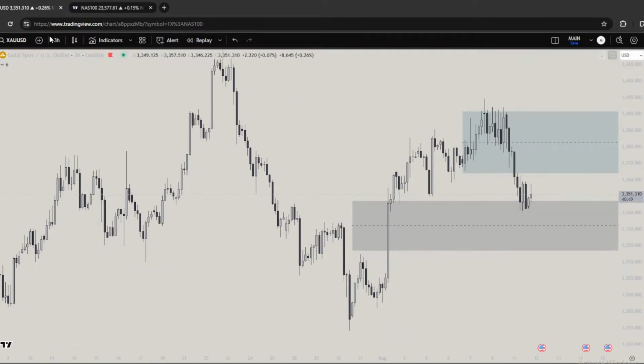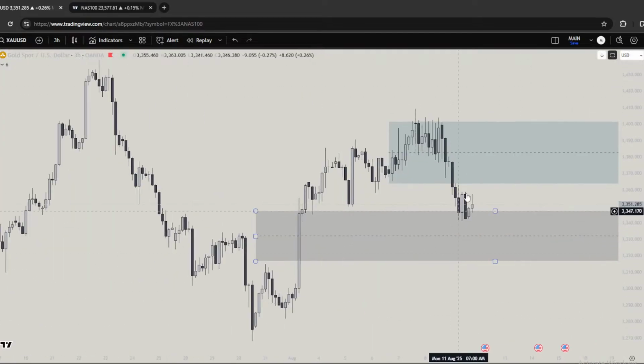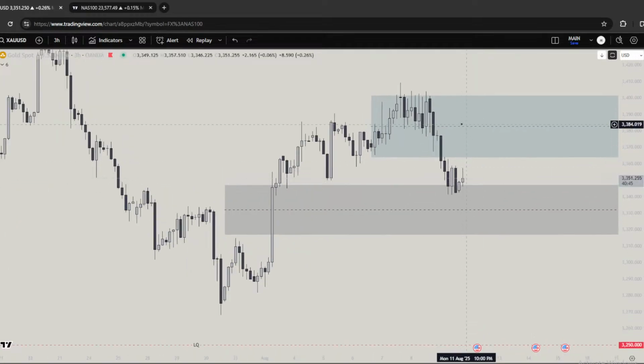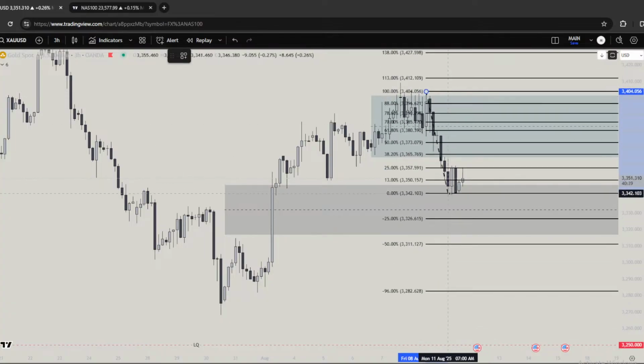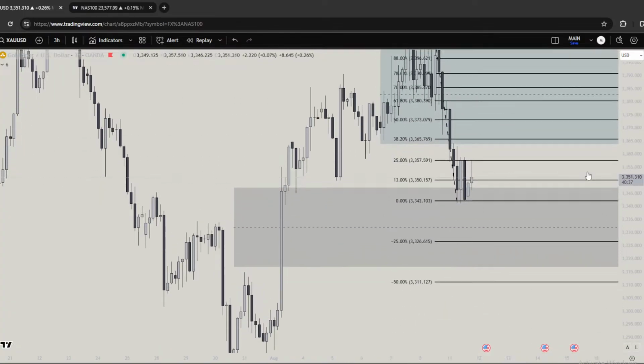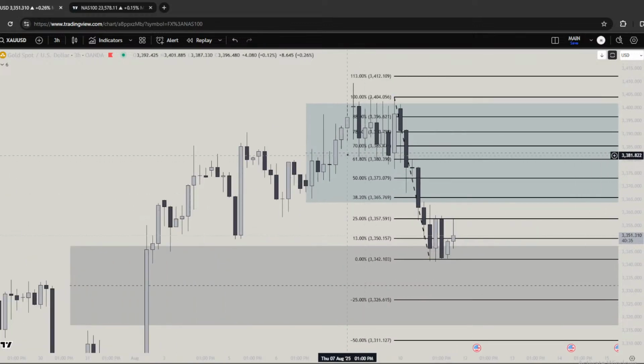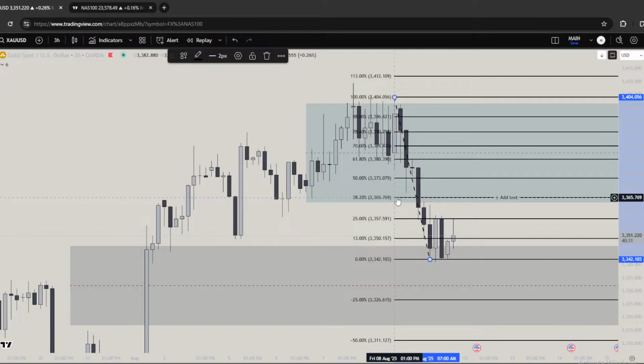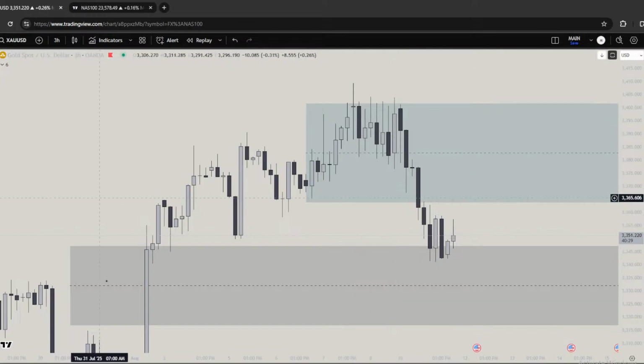It can pull back up, back somewhere into this order block, but I still see it long term short. If anything, I'd be looking somewhere like this 380, 360, 380.